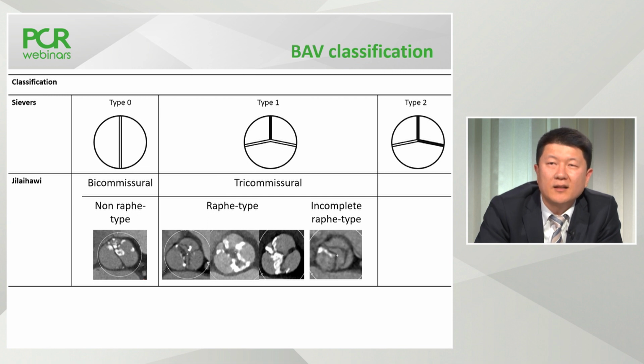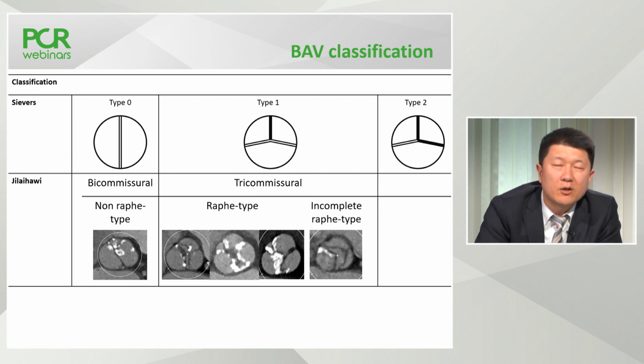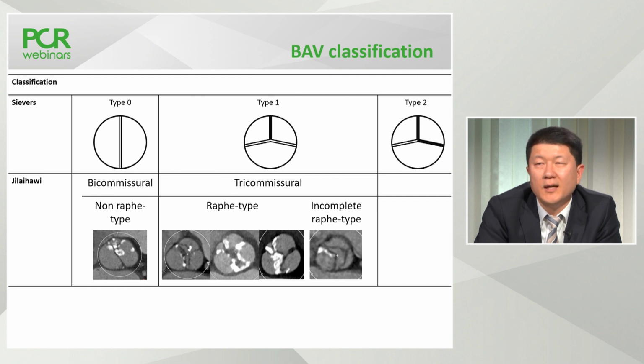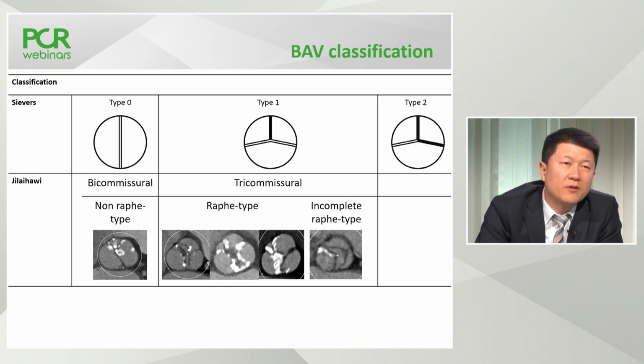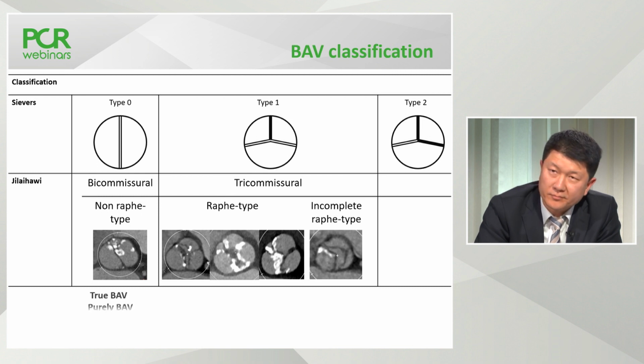And there's another classification for TAVI. It is more imaging-based, CT imaging-based, which also discriminates between bicommissural and tricommissural aortic valve, and takes more into account different phenotypes within type 1. So tricommissural can have a complete Raphe and an incomplete Raphe.